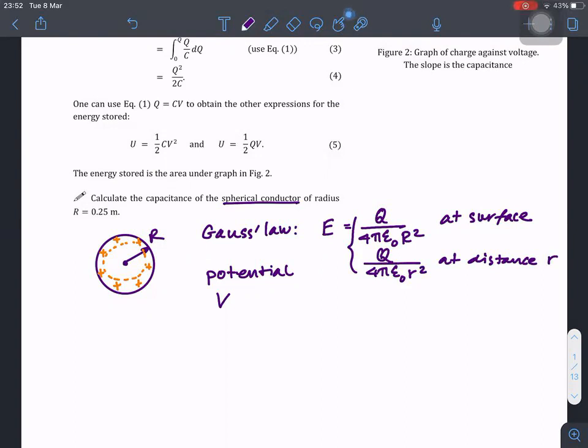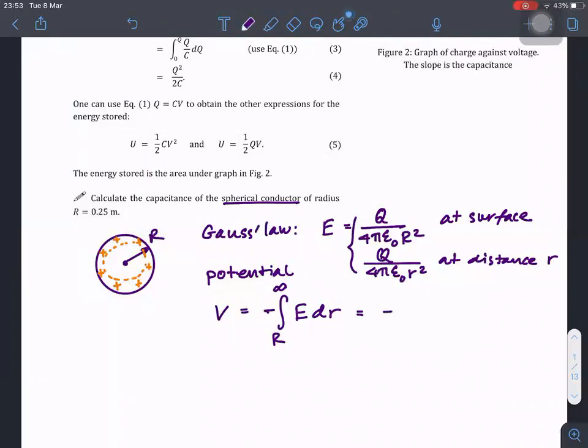Then if I want to find the potential, we follow this integration, and I would integrate from the surface R to infinity, in order to find the potential for this sphere.